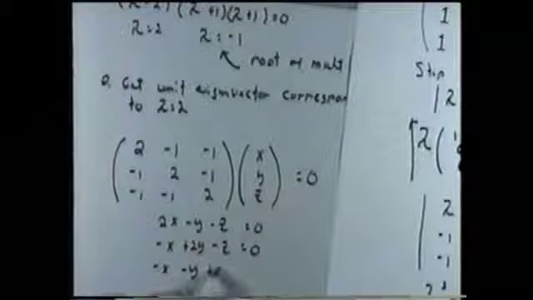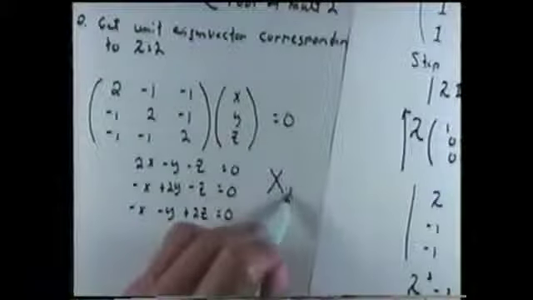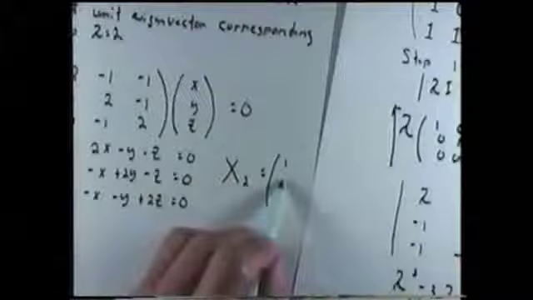A negative x minus y plus 2z is equal to 0. Well, we can say that all these are going to have to be equal for that to work. So I'll let the x associated with 2 be the eigenvector 1, 1, 1.